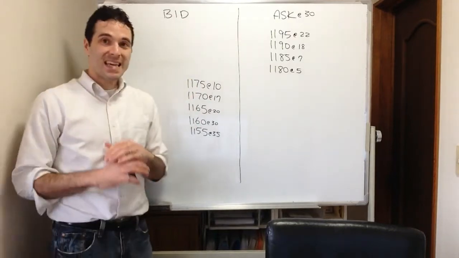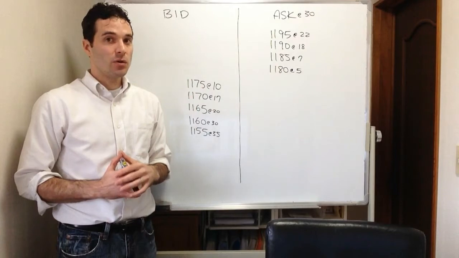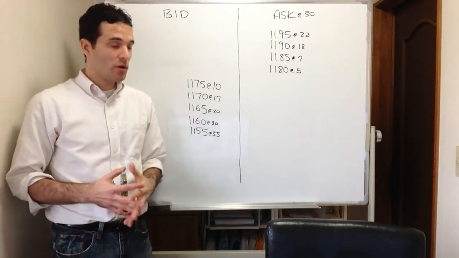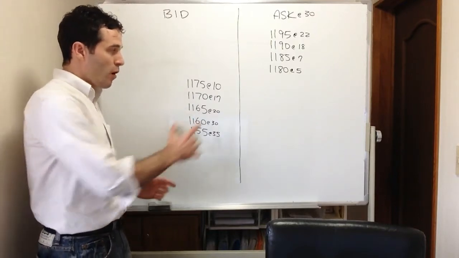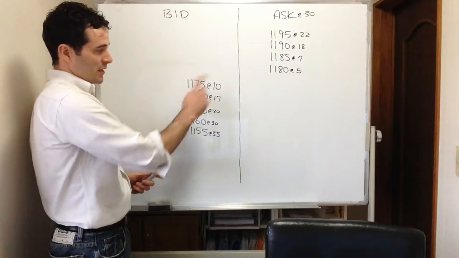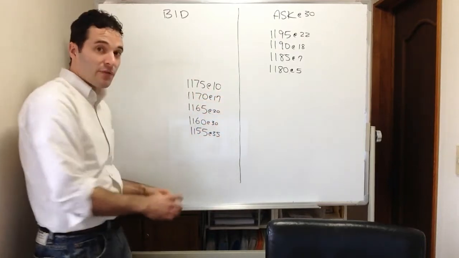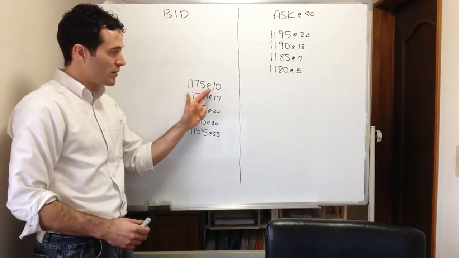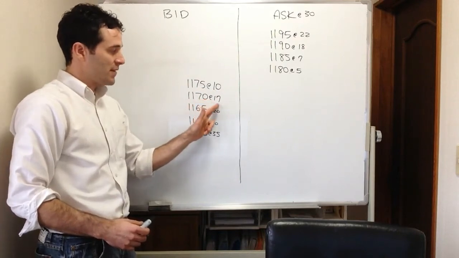But if somebody doesn't care about the price, which is what we've seen with a lot of these gold and silver sales recently, where they dump billions of dollars worth on the market, then they just blow through all of these offers. So say, in this you've got 10, 17, 20, and 30, and 35 contracts written here, at this price, 11.75 per ounce, 10 contracts, 11.70 per ounce, 17 contracts.